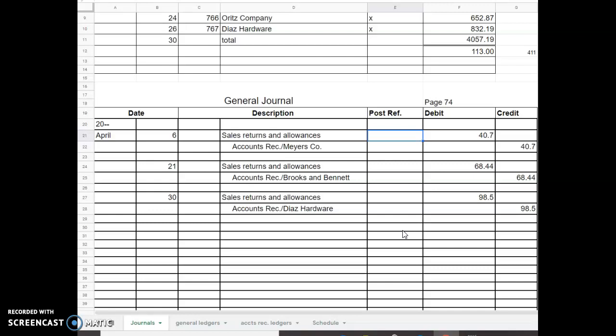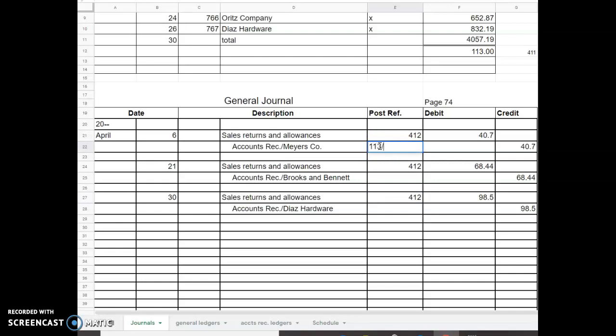So remember, you would get those from the ledgers. These do not have post reference numbers, so I'm going to show you what that looks like. But sales returns and allowances is account 412. So I'm going to plug all those in right now. Okay, accounts receivable is 113.